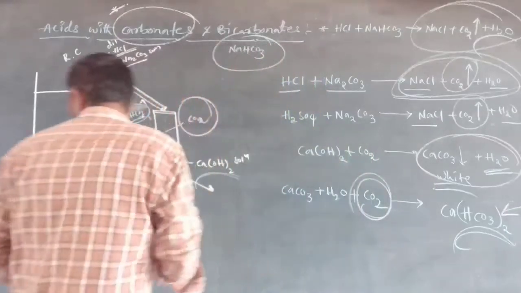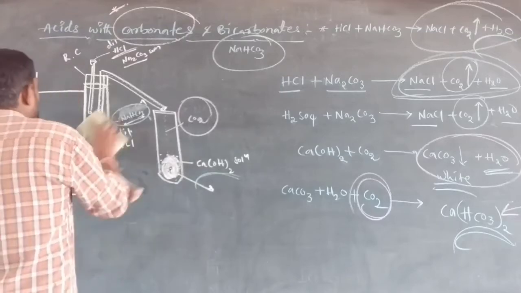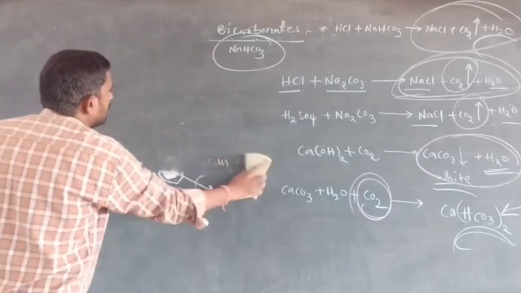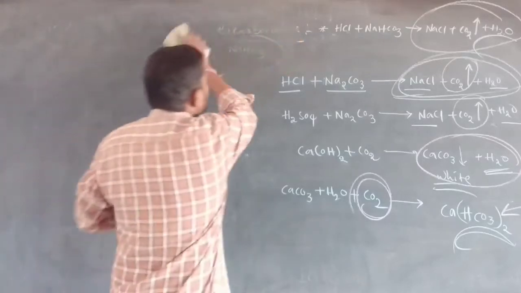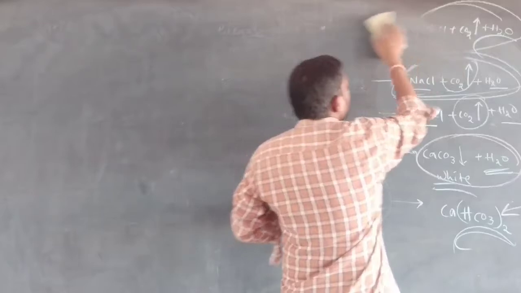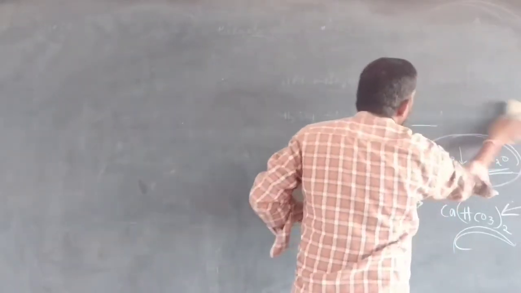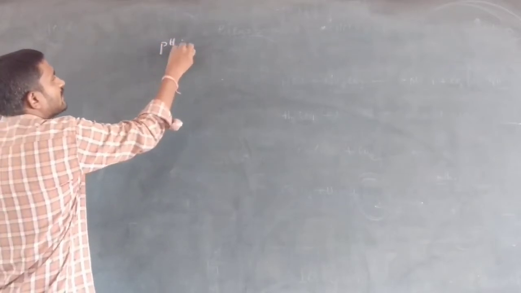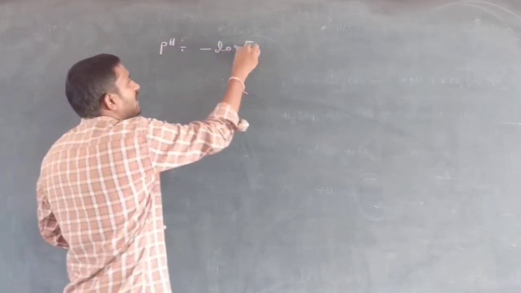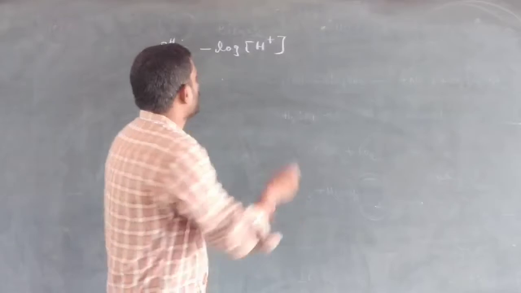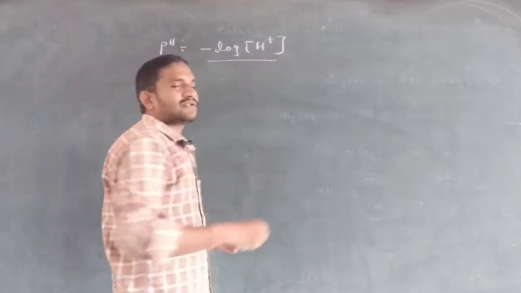Okay, next concept: pH. Negative logarithm of hydrogen ion concentration is called pH. pH is equal to minus log H plus.